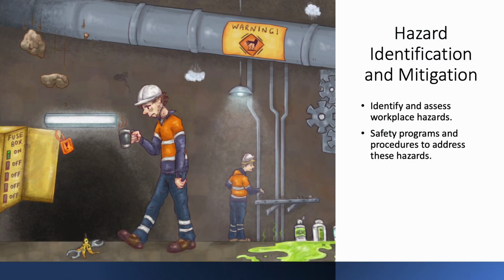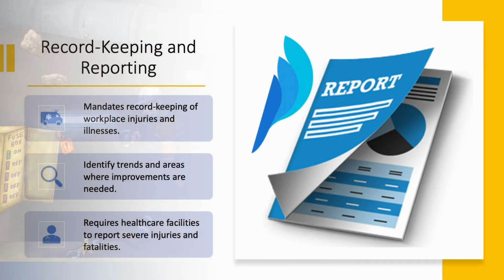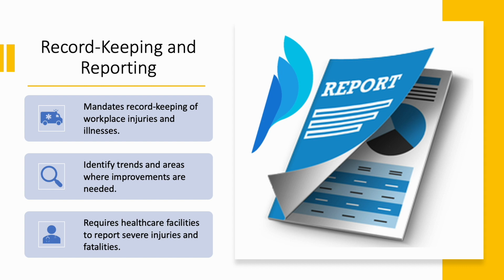To help facilities stay compliant and avoid these violations and penalties, OSHA will help facilities identify and assess workplace hazards, requiring them to have safety programs and procedures in place to address these hazards promptly. OSHA mandates record keeping of workplace injuries and illnesses, which helps identify trends in areas where improvement may be needed. It also requires healthcare facilities to report severe injuries and fatalities.